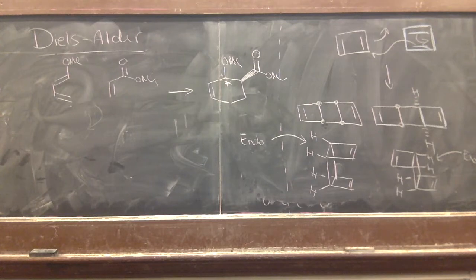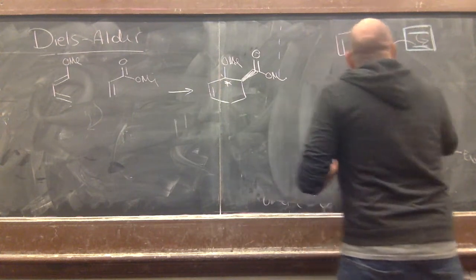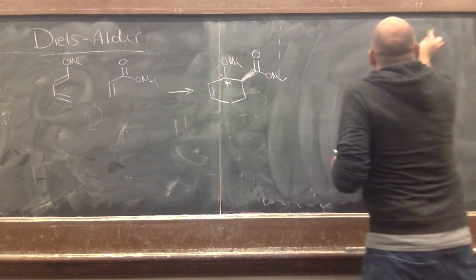Okay, so the question becomes, what's the stereochemistry of that? And if this is an endoselective process, how do we determine whether the product is endo or the product is exo? And let me just show them both.